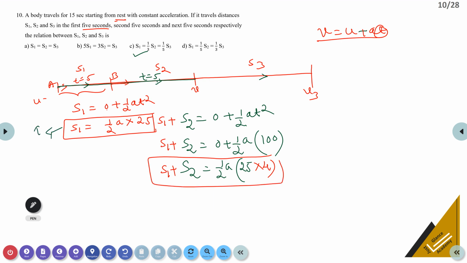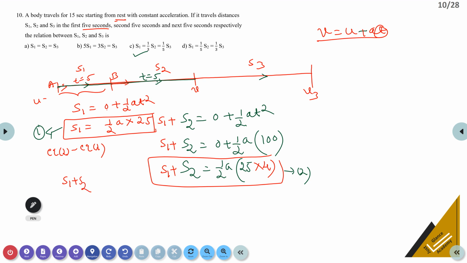This is equation number 1. This is equation number 2. Subtract one from the other: equation 2 minus equation 1. What will you get?